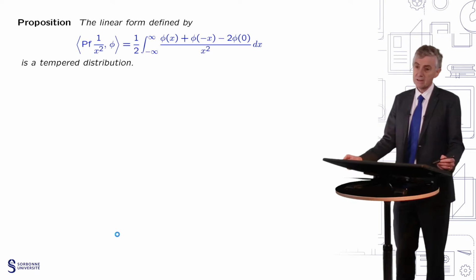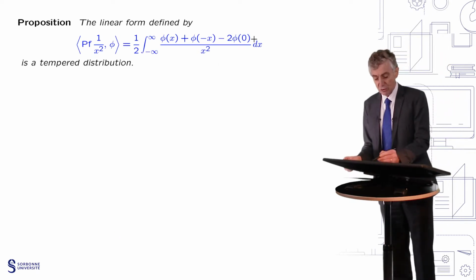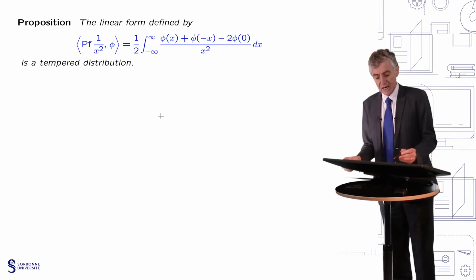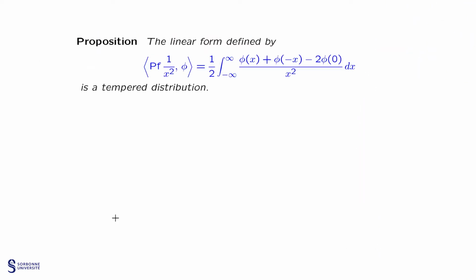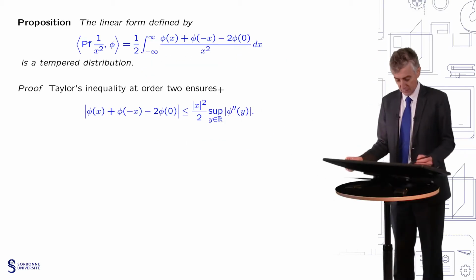Let us see another example of this. Again, this ratio here is an integrable function, and the finite part of 1 over x squared defined by this integral is a tempered distribution. Okay? Let's prove this. So Taylor's inequality, because the derivative of this function at 0 is 0, Taylor's inequality at order 2 ensures exactly this. Voila.